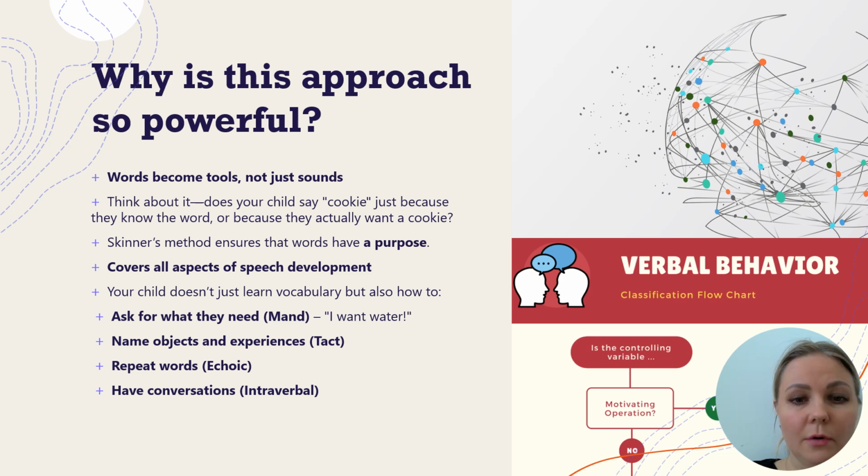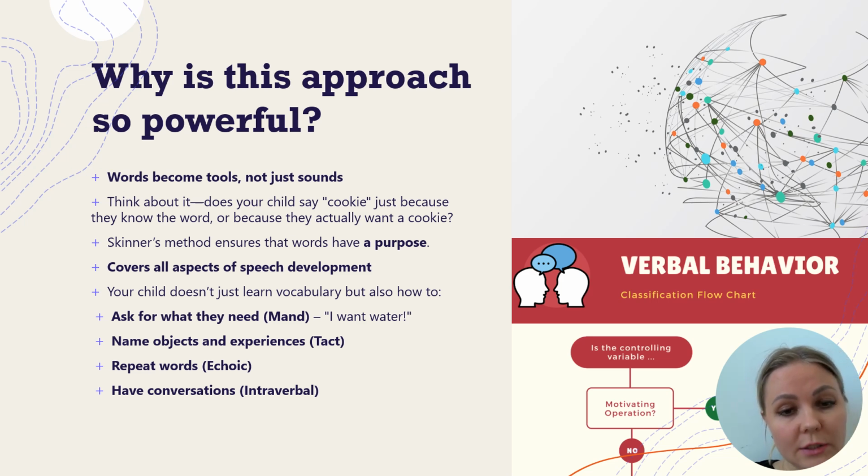Why is this approach so powerful? Words become tools, not just sounds. Think about it. Does your child say cookie just because they know the word, or because they actually want a cookie? Skinner's method ensures that words have a purpose and covers all aspects of speech development.